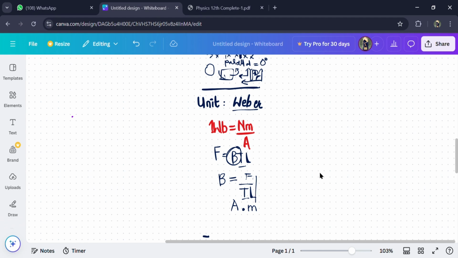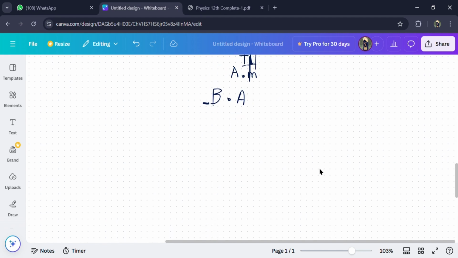Sorry for this. Now the actual formula is: the value of B is being multiplied by area. Now we know what we just studied, that B is equal to Newton per ampere into meter, right? And we know the area is equal to meter square.